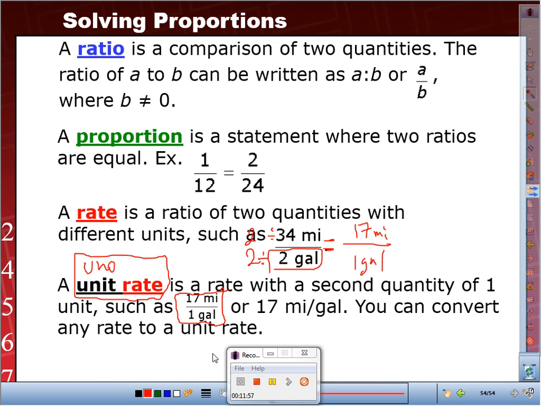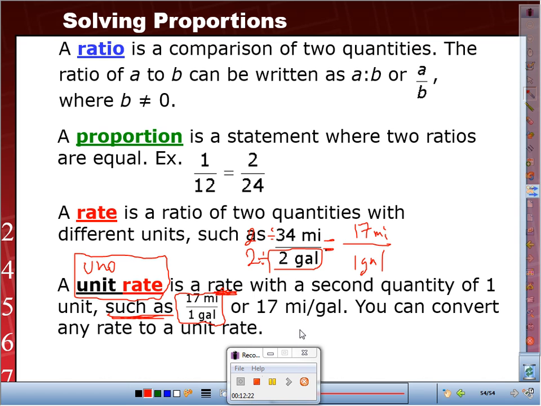And I know in the past your teachers just said, whatever you do to the denominator to make it into a 1, whether you multiply or divide, that's how you get your unit rate. That's fine, but that's another way of approaching it. So, unit rate, just write rate, such as, and then write this example.